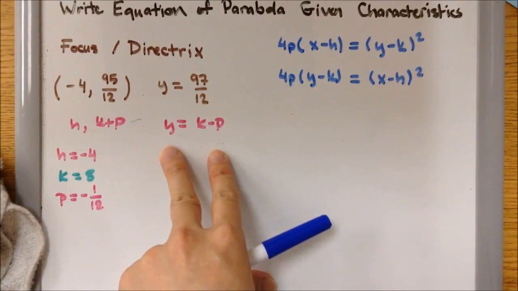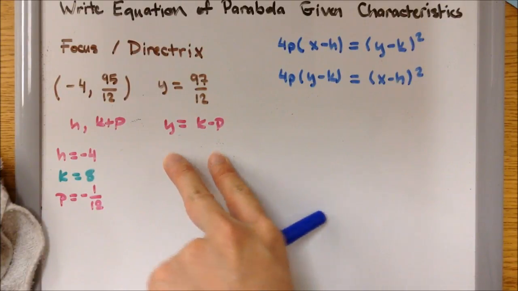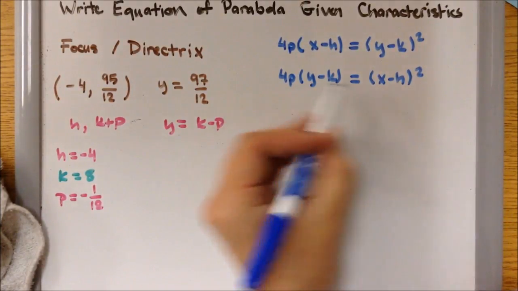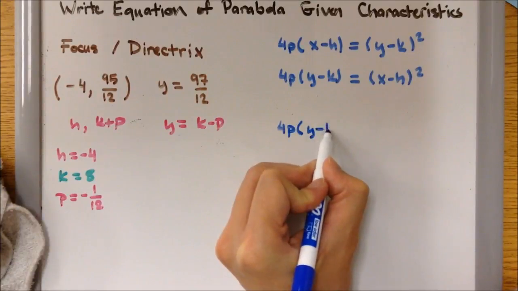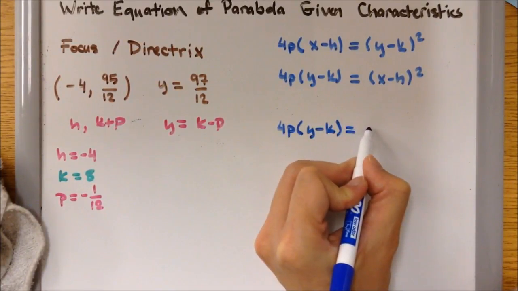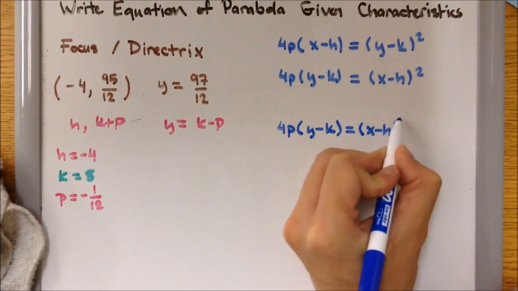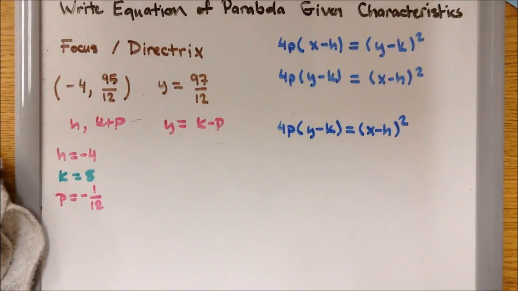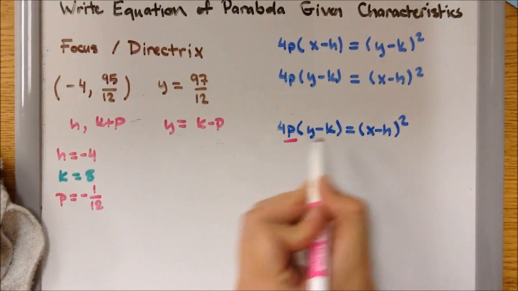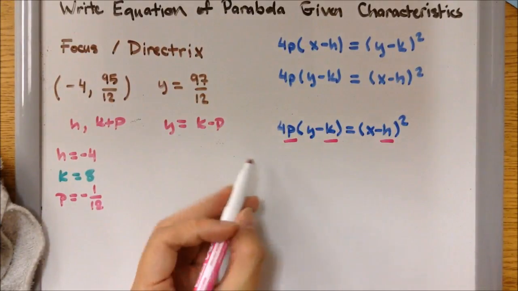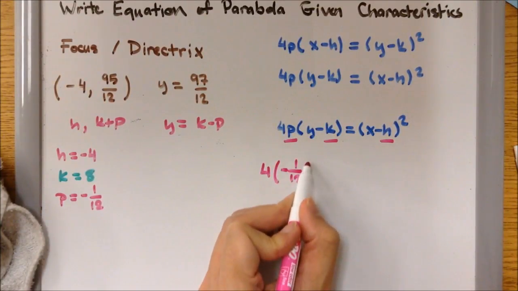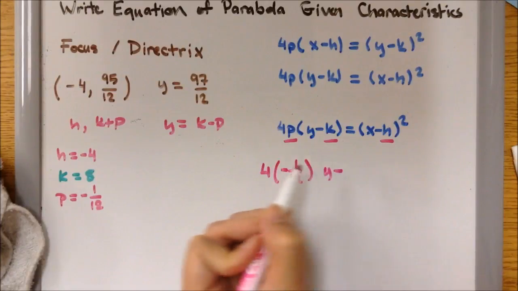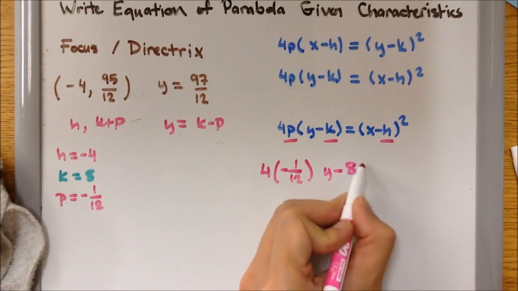So, again, based on the directrix y equal to, we're going to use the equation where the square is on the x. So, the second one right here. So 4p times y minus k equal to the square of x minus h. So I'm going to plug in the values for p, k, and h. So it's going to be 4 times my p value, which is negative 1 over 12. And then plug in our k value, which is 8. So y minus 8 in parentheses.